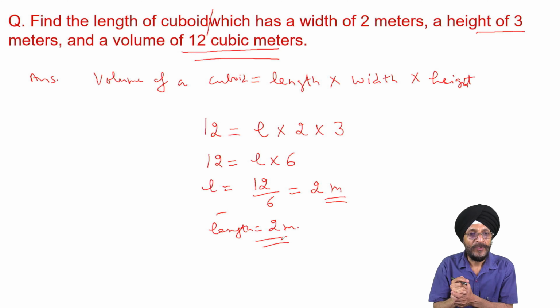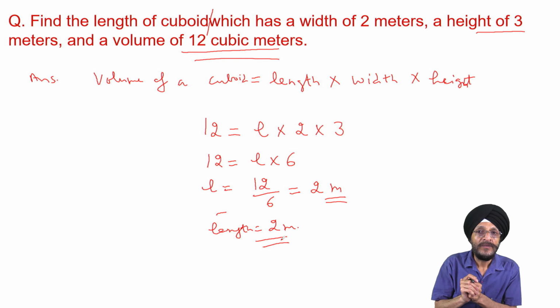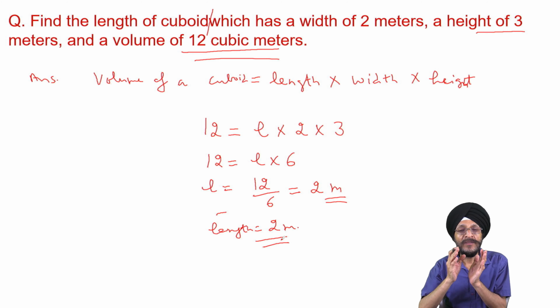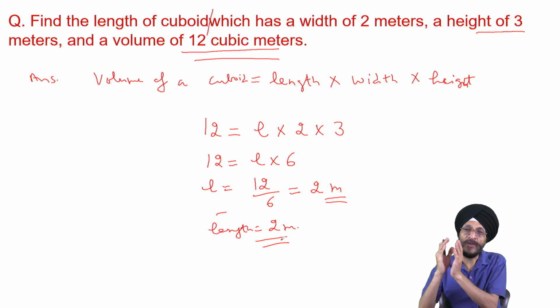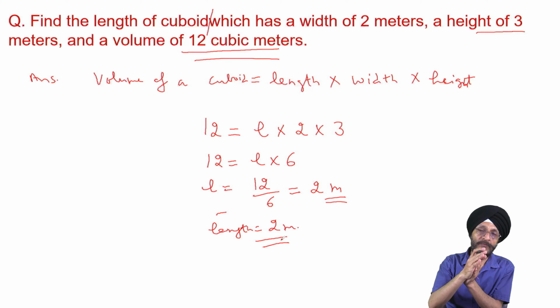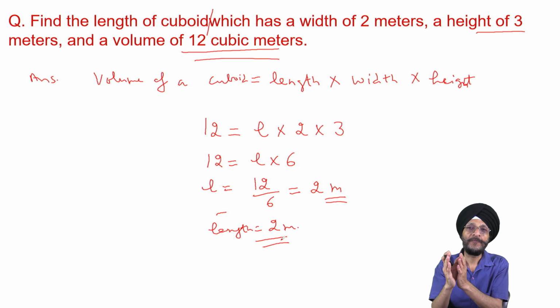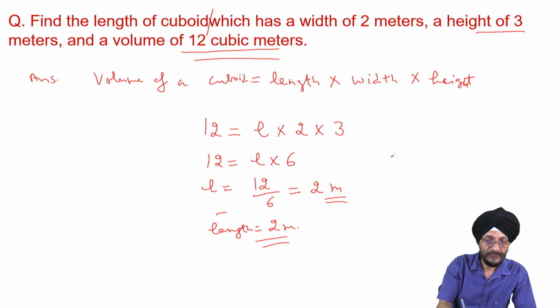We hope you have been able to understand that when two items out of the three, length, width or height, are given along with the volume, how to calculate the third term, which may be either length, width or height.